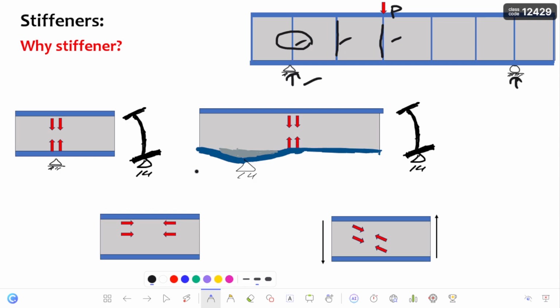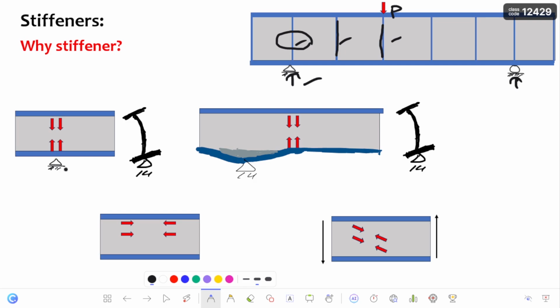This local buckling can occur due to transverse compression load, that is, the web subjected to bearing reaction. Coming to the second, that is longitudinal compression load, which is due to bending. And the last is due to shear. Because of the transverse compression load, longitudinal compression load, or shear, local buckling can occur in the plate girder.